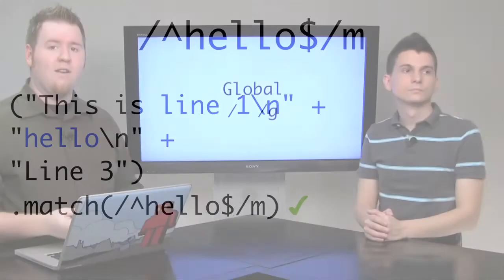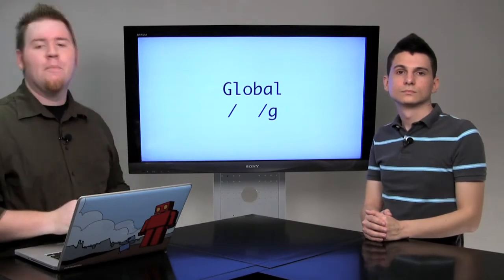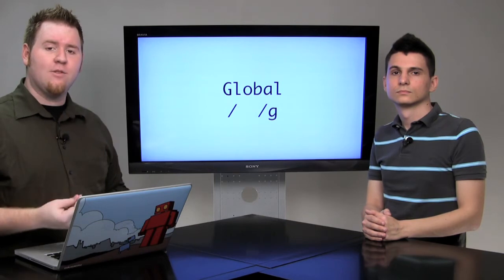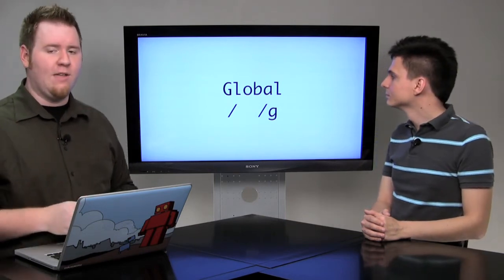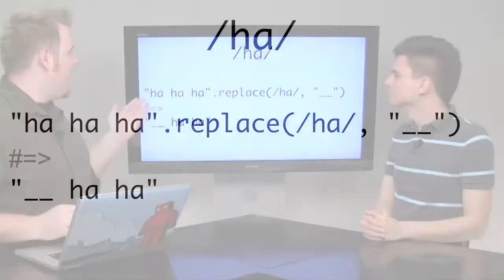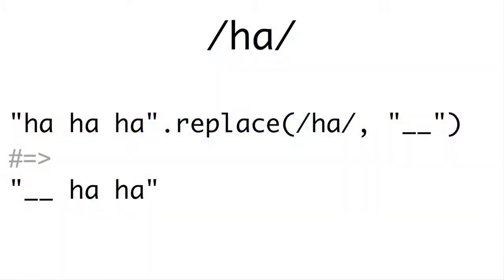Finally, we have the third modifier, which is g for global. Now this isn't necessarily useful in matching, but in these cases where we're replacing something based on a regular expression, it can come in handy. So for instance, if we take this string ha ha ha and do a replace with the regular expression ha, and here we're replacing the ha with 2 underscores, if we were to simply do that, we would actually only replace the first ha in the string.